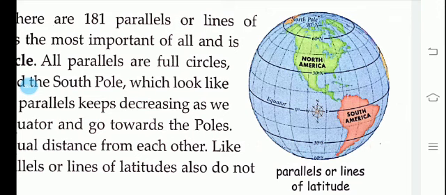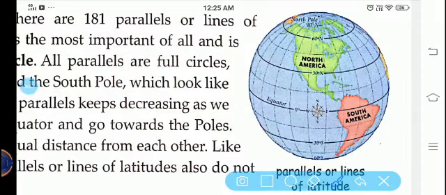The equator is also called the great circle because parallels are circles and the equator is in the center. So it is called the great circle. Only the North Pole and the South Pole look like points. You can see the point here.